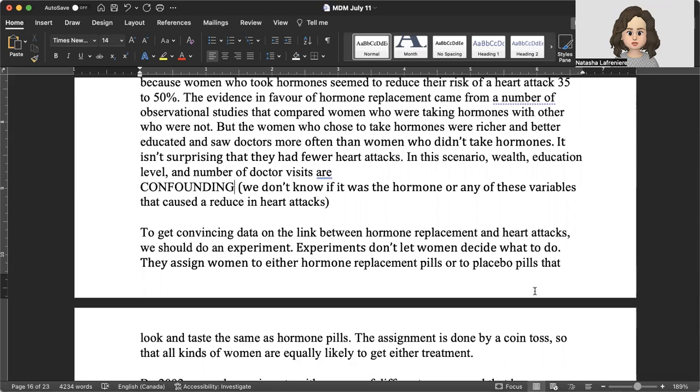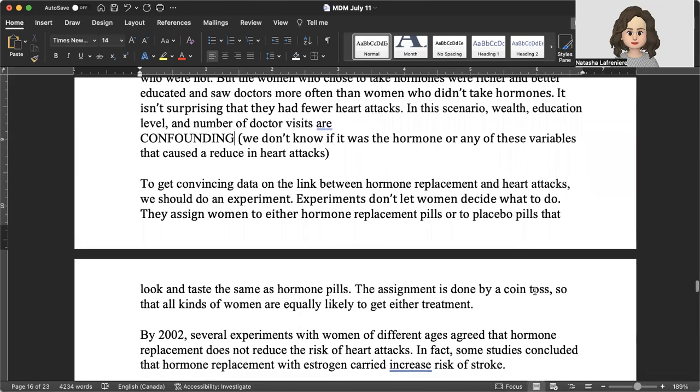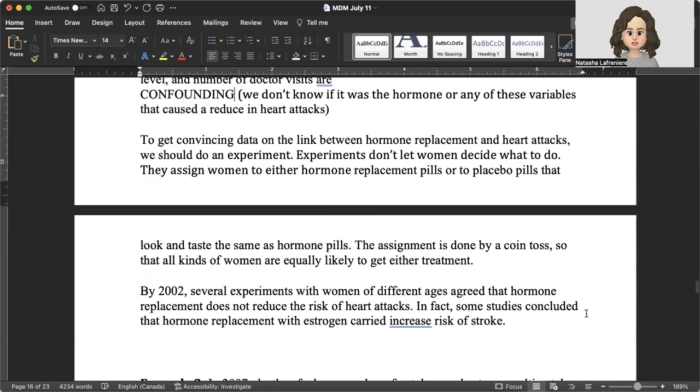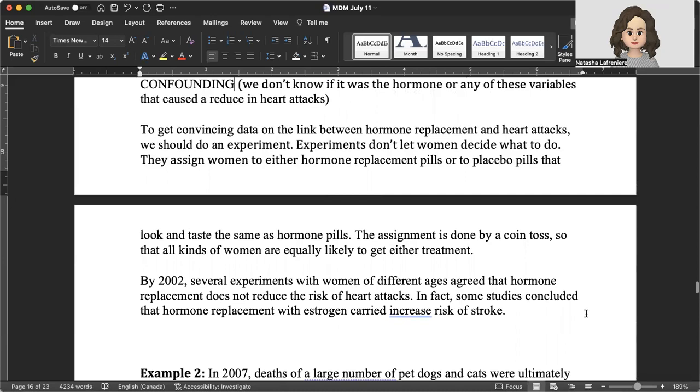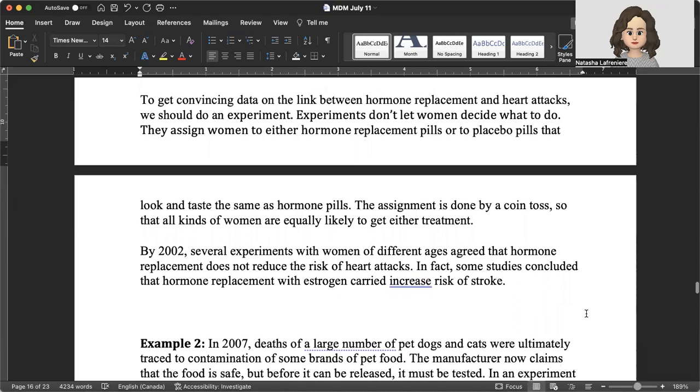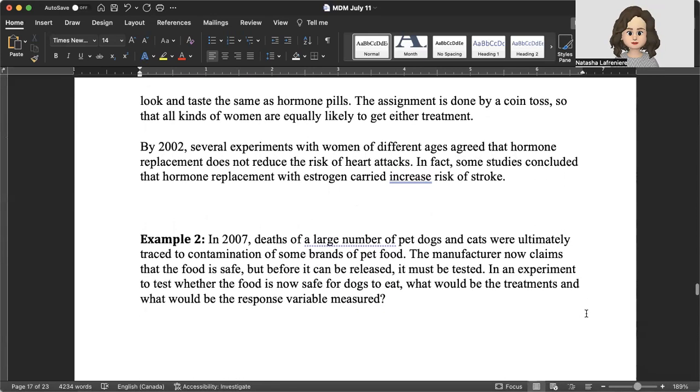They assign women to either hormone replacement pills or to placebo pills that look and taste the same as hormone pills. The assignment is done by a coin toss, so that all kinds of women are equally likely to get treatment. By 2002, several experiments with women of different ages agreed that hormone replacement does not reduce the risk of heart attacks. In fact, some studies concluded that hormone replacement with estrogen carried increased risk of stroke.